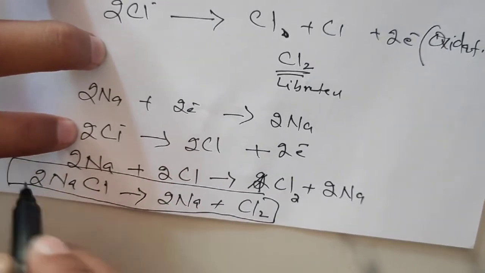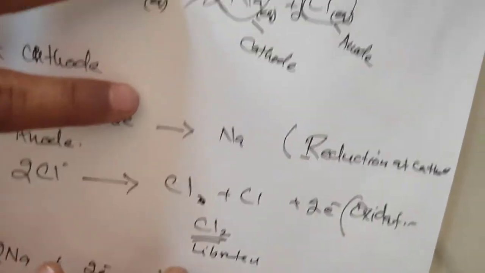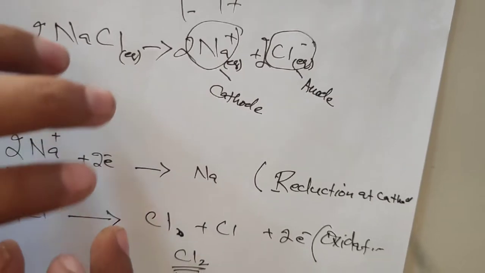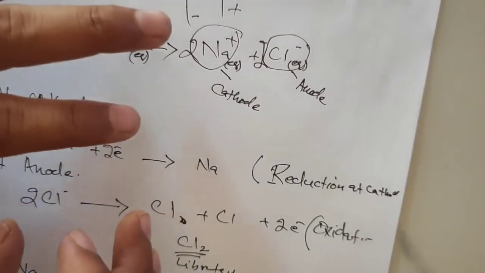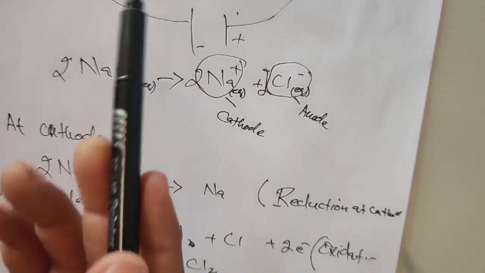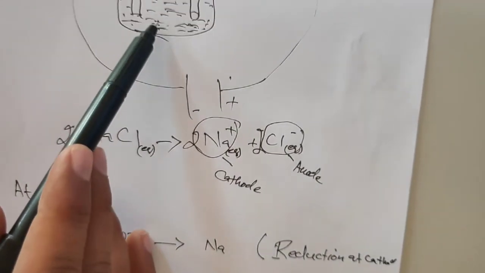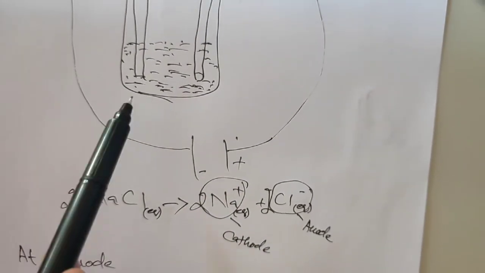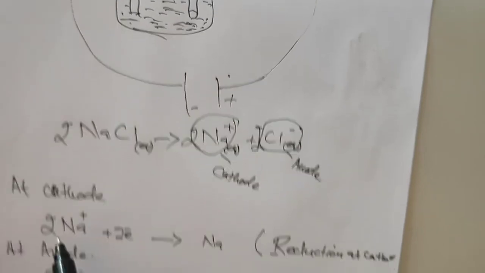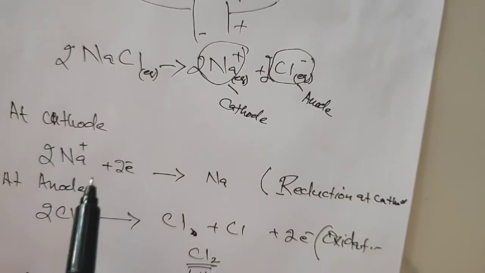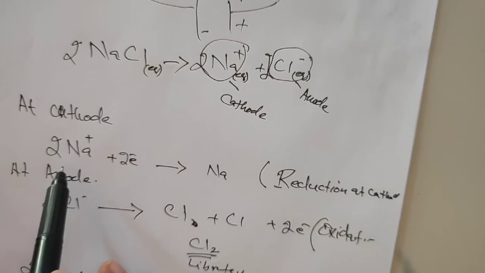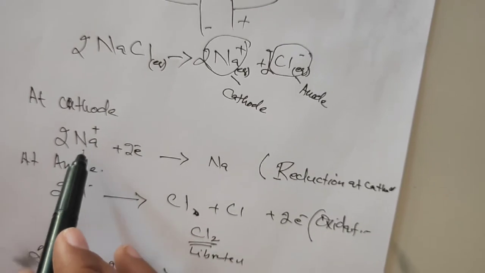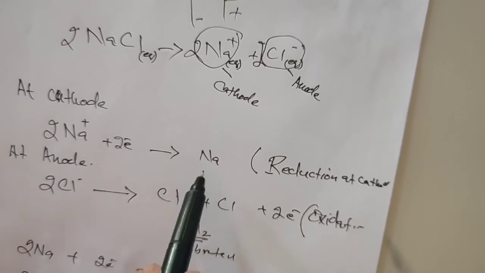So this is the electrolysis process in which the ion movements take place. Here we see that NaCl is the electrolytic solution because it is electrically conductive. When all the ions move towards the respective electrodes, then the solution will be electrically neutral, so it will not conduct electricity. So we see that at the cathode there is reduction, because the sodium which lost the electron will gain the electron, sodium 1 needs 1 and 2 needs 2, so it will be neutral.